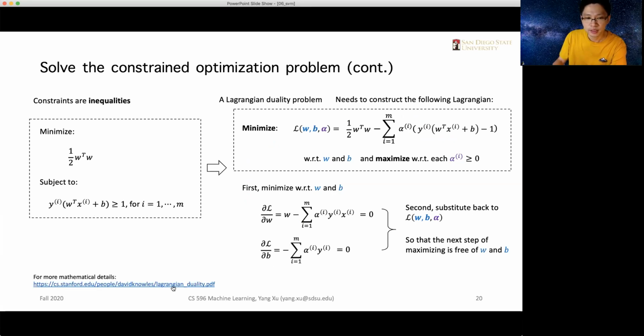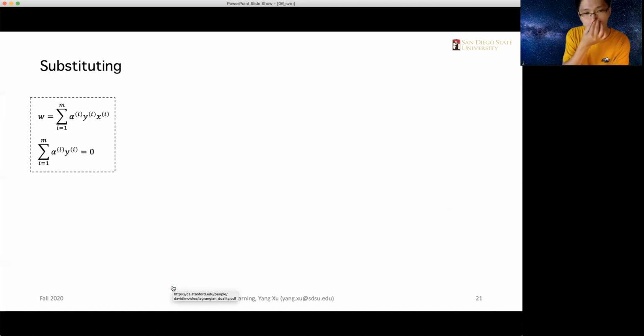You can use this link to read more about the Lagrangian duality and how it is constructed. All right, so let's do the substitution.